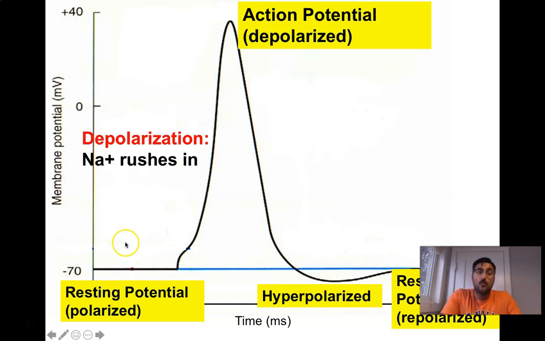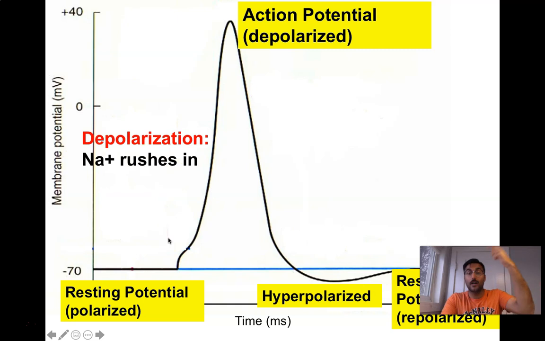So when we go from rest and we start to depolarize, in other words, we start to increase the resting membrane potential in positivity, we started at negative 70, and we're trying to go all the way up to that plus 40 millivolts. In order to do that, the inside has to become more positive. The way we do that is to allow the sodium channel to open, and sodium is going to rush inside. That's going to depolarize our membrane.